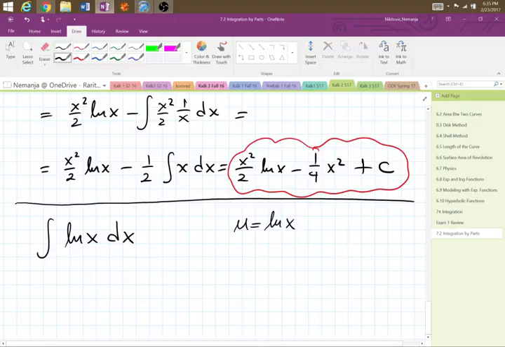I'm going to say it's common sense. You can't put ln x in a dv part because you would end up with this, and this is what you're trying to figure out in the first place. So dv equals dx. Obviously, right? And now you just execute the rest.